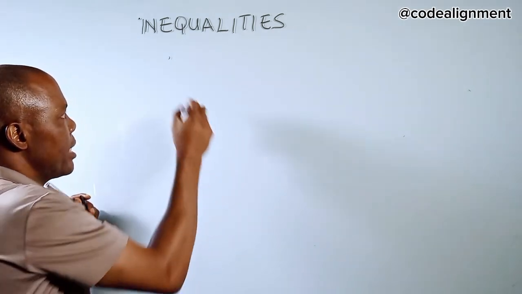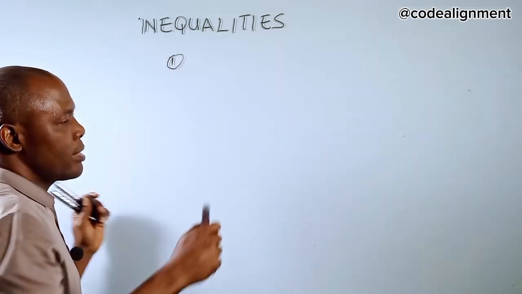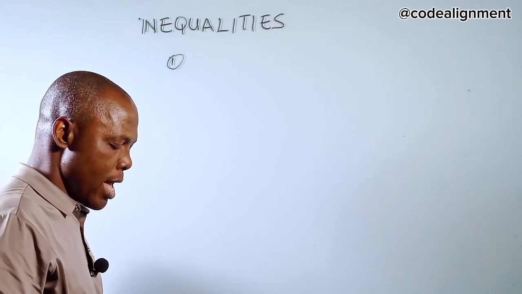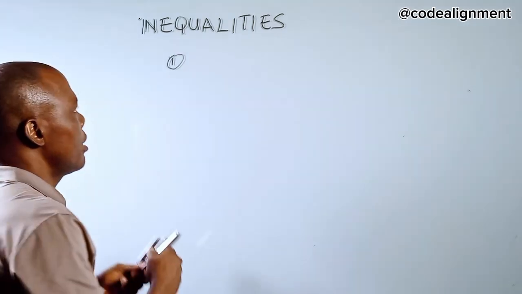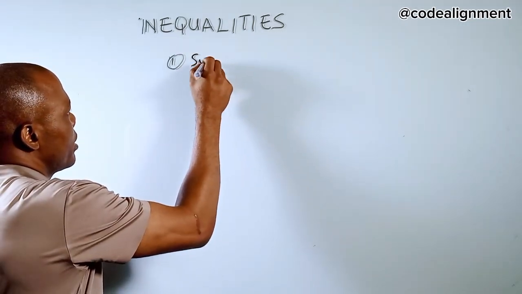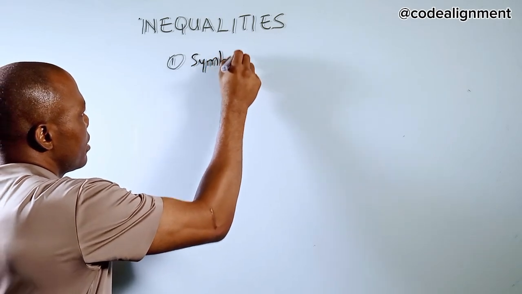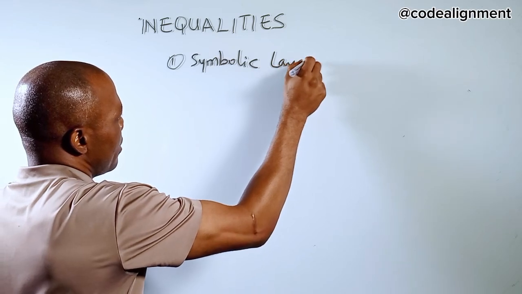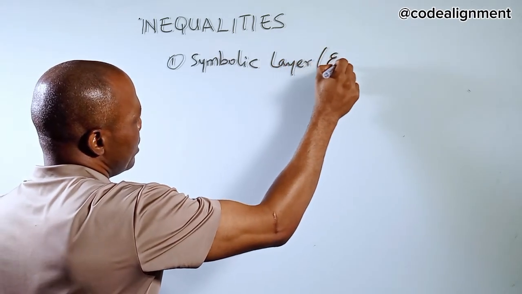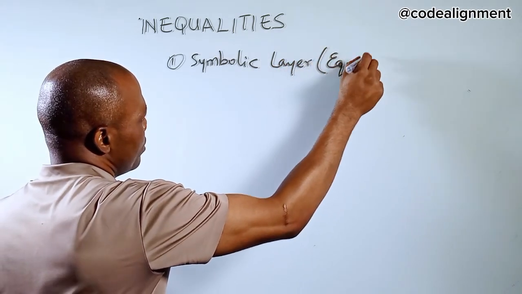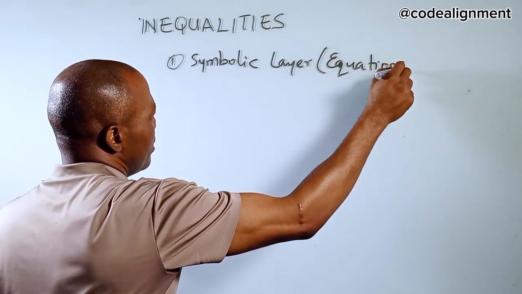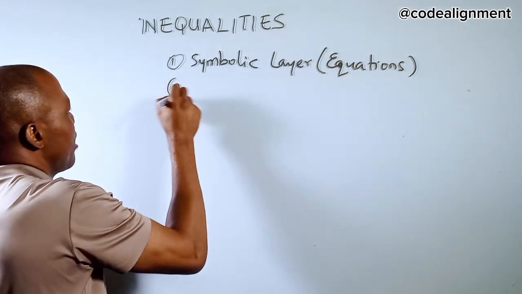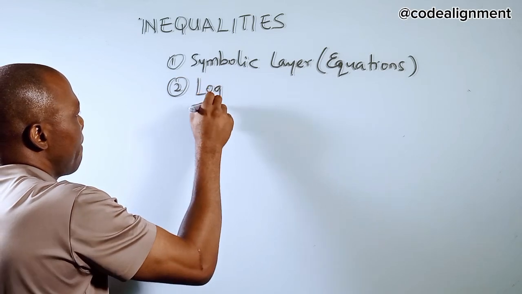Now, I said mathematics has three layers. The first layer is what? Symbolic. Symbolic layer. Now, this is the part where you are looking at equations, right? Now, we have the logical layer.